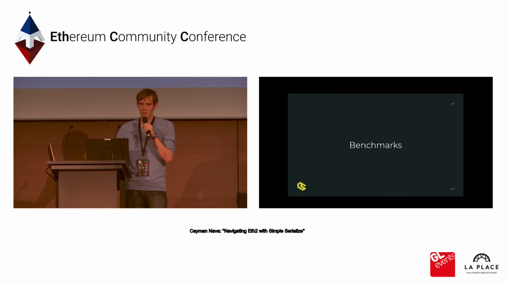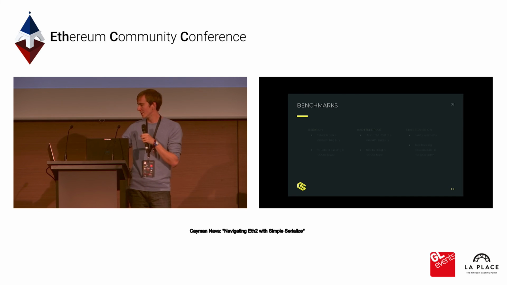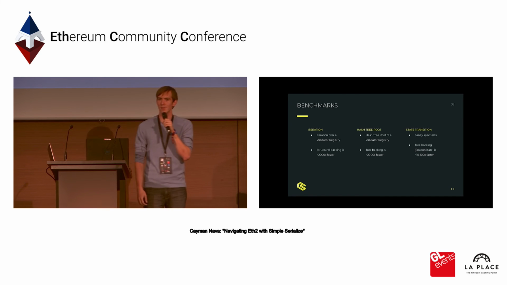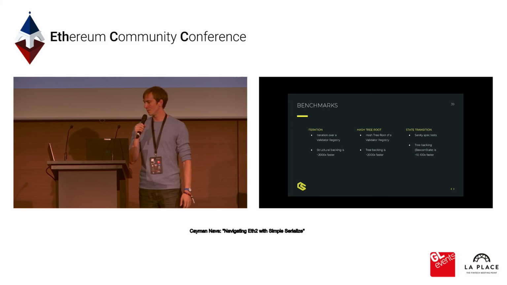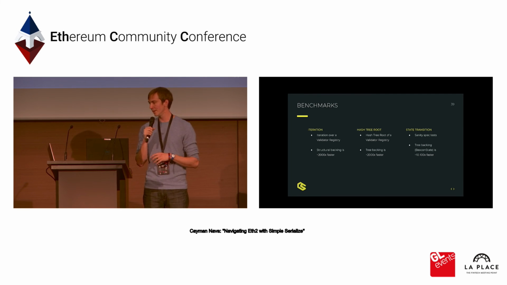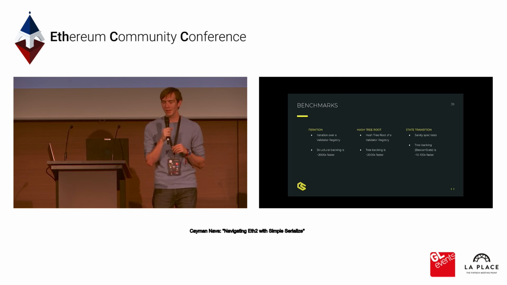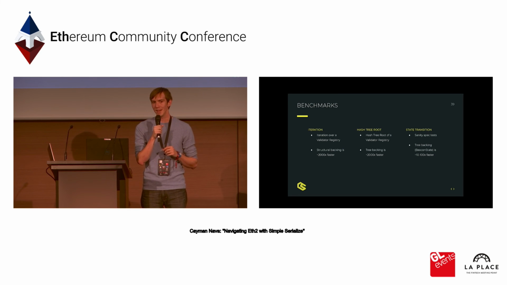So I've got one slide on benchmarks. It's not really benchmarks, it's relative. I just wanted to highlight two categories and some practical results. We can look at iteration, and this really favors a native piece of data.